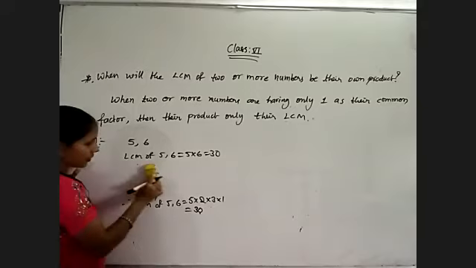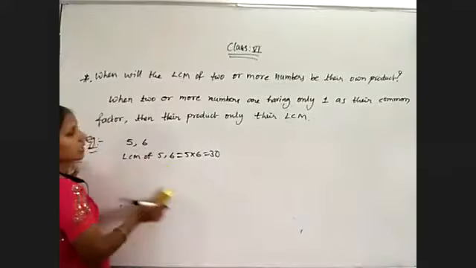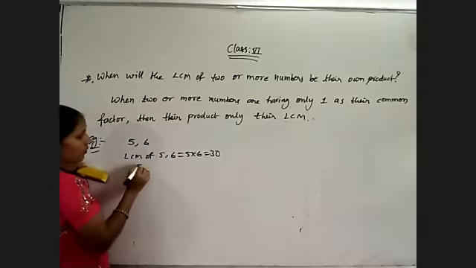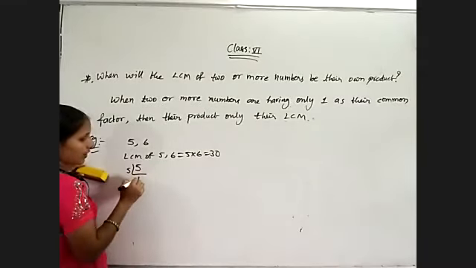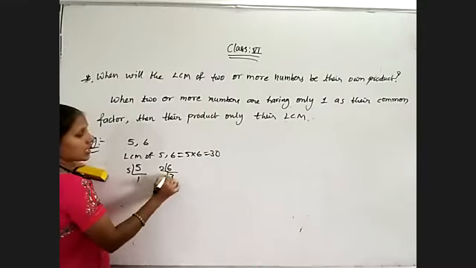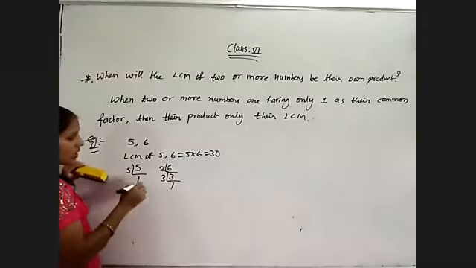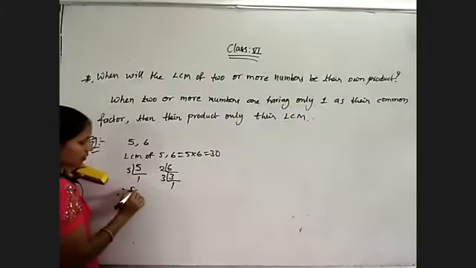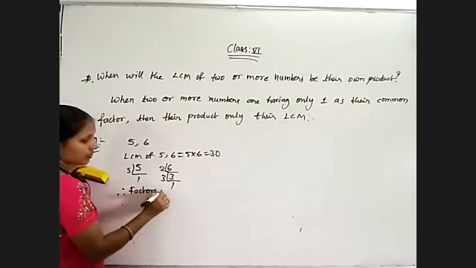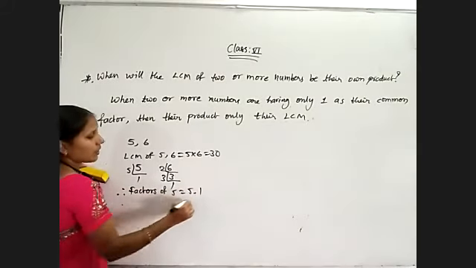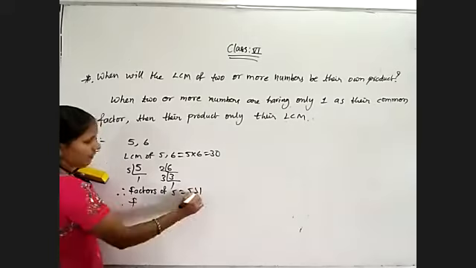Now by using the prime factorization method, we will see. 5 factors are 5 1s are 5, and 6 factors are 2 3s are 6, 3 1s are 3. Factors of 5 are 5 into 1.